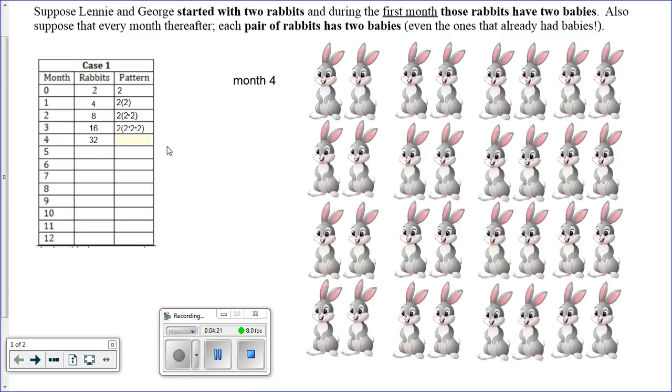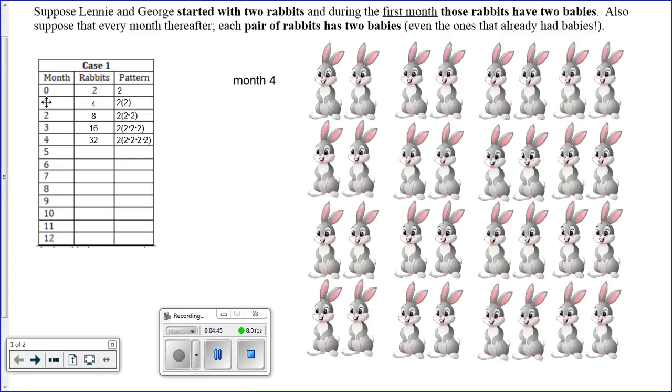And as you can see, this pattern will continue. What I want you to recognize here is that in month 0, we had 2 as our starting amount. And that 2 gets carried down all the way right here. And then the number of 2's in parentheses matches the number of the month we're on.